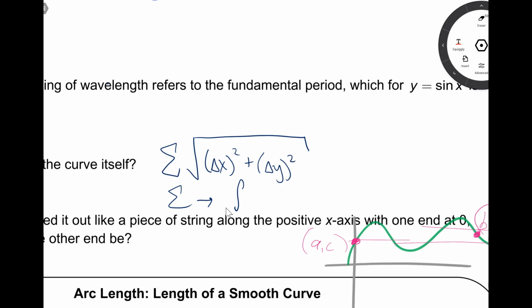So Riemann came up with all these different sums, they're named after him, Riemann sums. So the issue is this sigma of square root of delta x squared plus delta y squared, we're trying to approximate the arc length here.